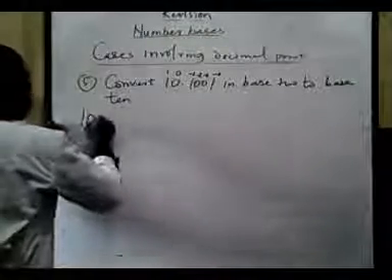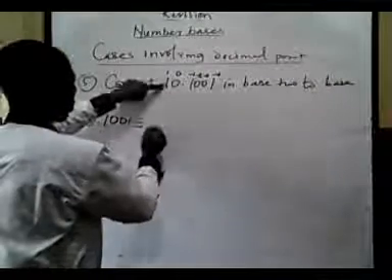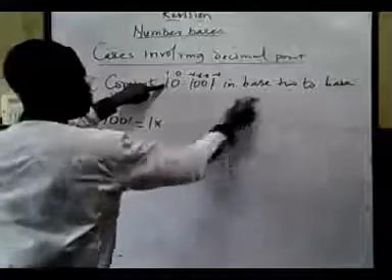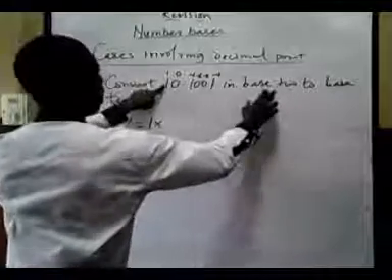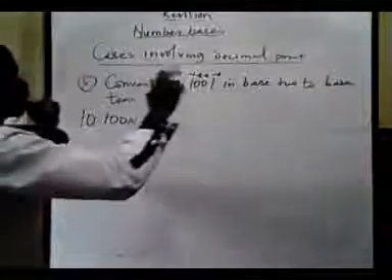Okay? Now, let's go. 10.1001 is going to be, take the first digit, multiplied by the base we have. We are in base 2, we are going to base 10.